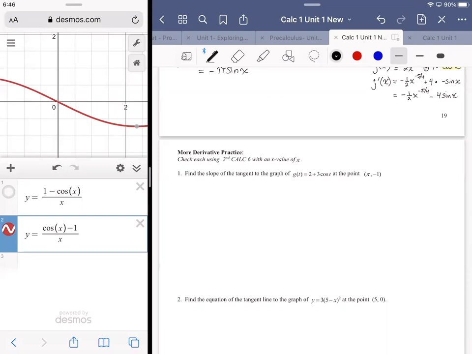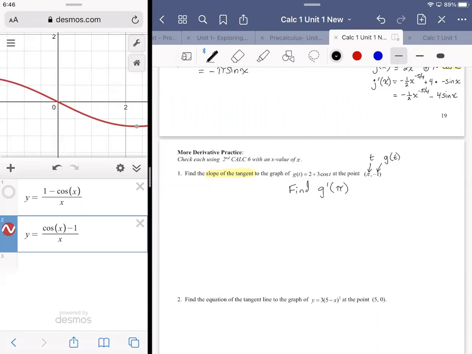All right, so when it says slope of the tangent line, it's just saying evaluate the derivative at the given point. So this has points t comma g of t. So this is saying find g prime of whatever the t value is, in this case, pi.